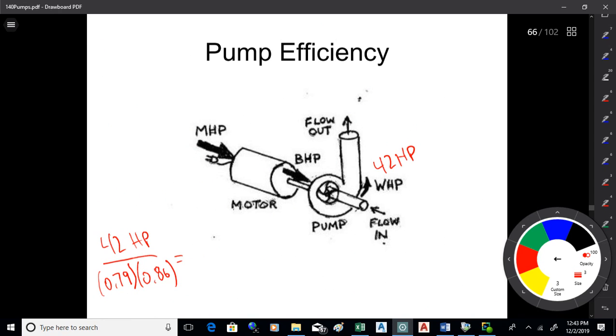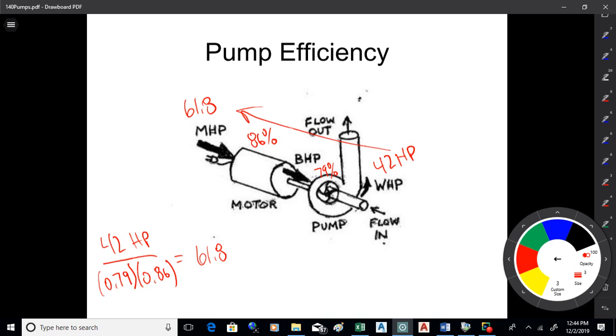And that's going to get me to 61.8 motor horsepower. I've got 86% efficiency for the motor and 79% efficiency for the pump. So each step of the way, I'm dropping down a little bit. I'm calculating that way, so I divide the efficiency out.